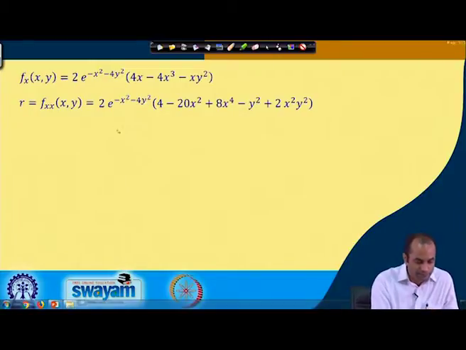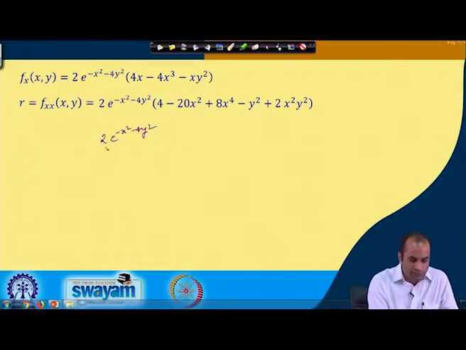So, we will have 2 times e to the power minus x² minus 4y², which we take as the first function, and then the derivative of the second with respect to x.